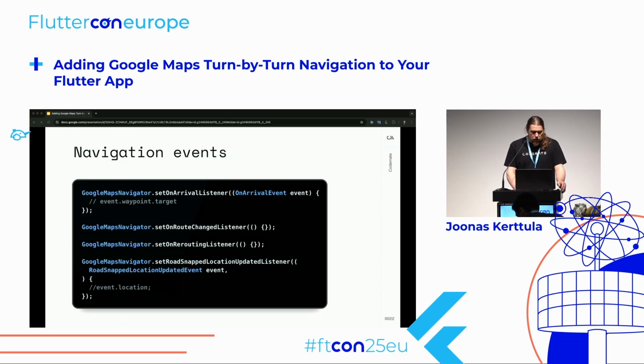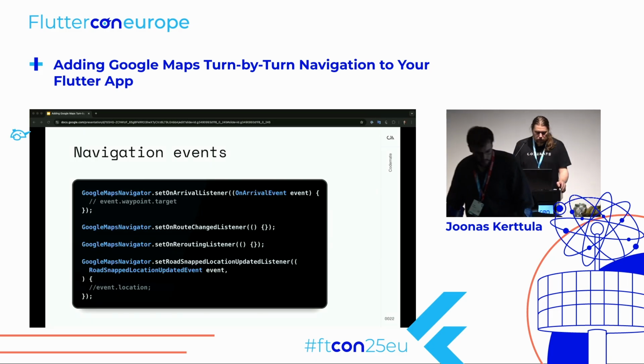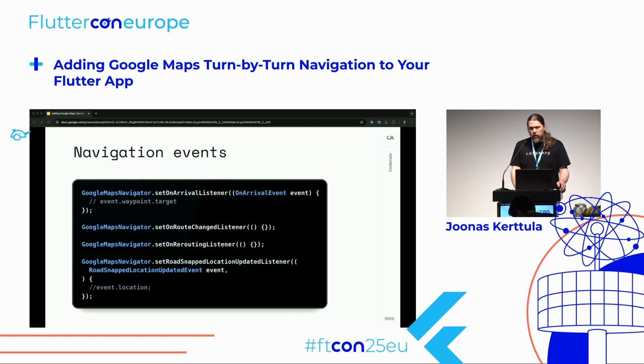So the location this gives is not the user's location, it's the closest road, and it can be used for several reasons. And one good way to start the navigation is to wait for this event to happen, so you really know that the user has a location before you start the navigation.